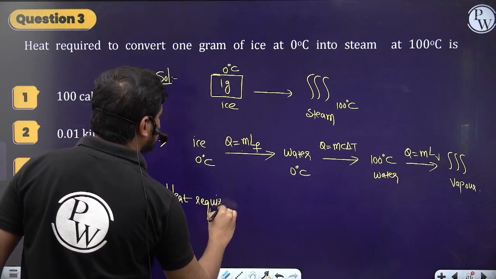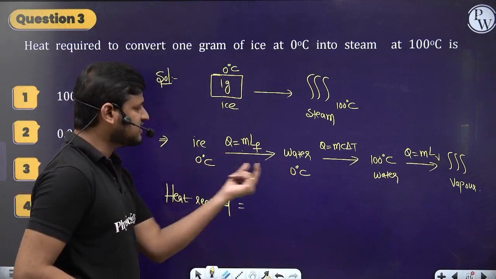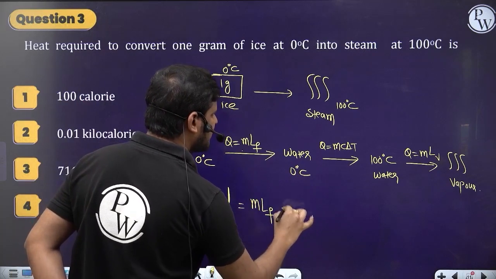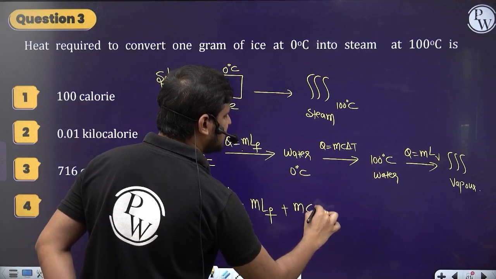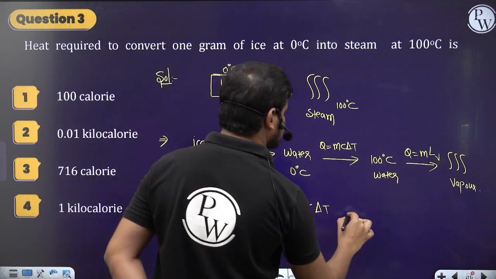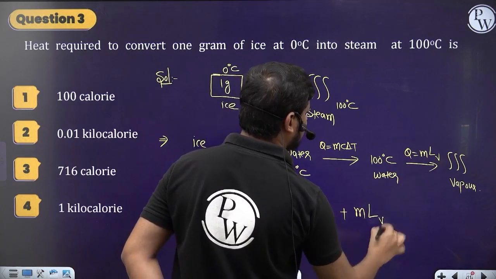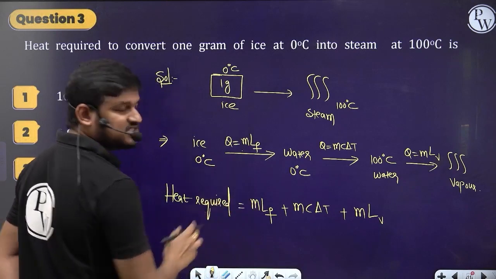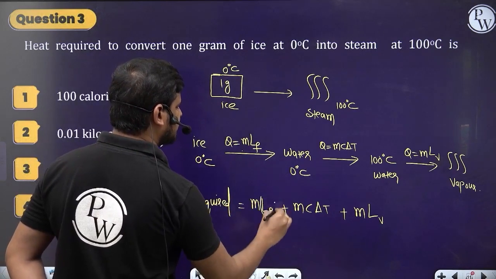So now the total heat required is equal to, substitute the values. We have ice to water at 0 degrees, which is latent heat of fusion, M LF, plus next, 0 to 100 degrees centigrade, M C delta T, plus here M into LV. So here LF is of the ice, the latent heat of fusion is of the ice, guys.